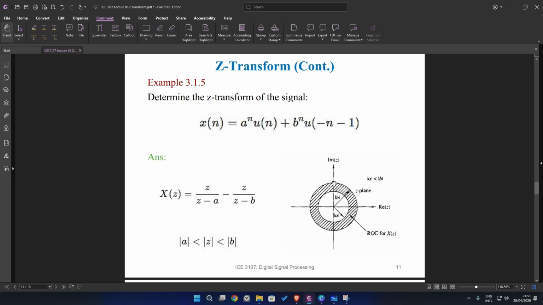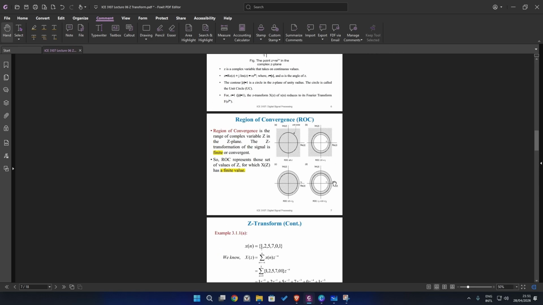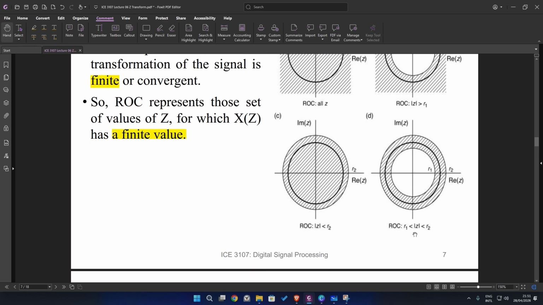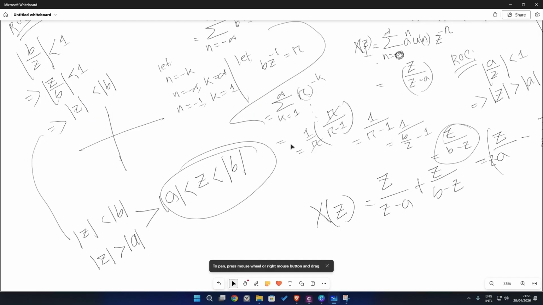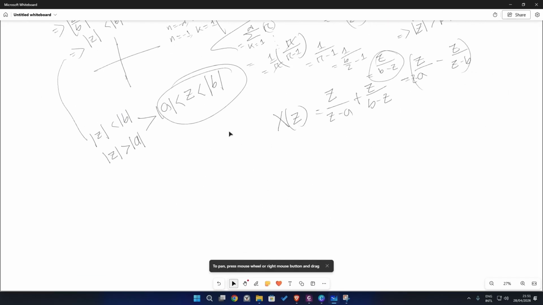In the slides we have seen this type of problem. This can be represented as r1 less than z less than r2, and the graphical representation is this. So if we sketch the graph, this radius is a and this radius is b, and this will be the region of convergence.